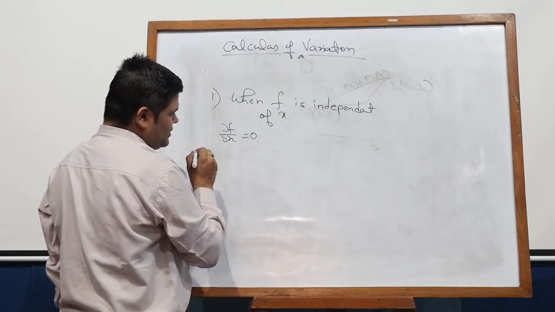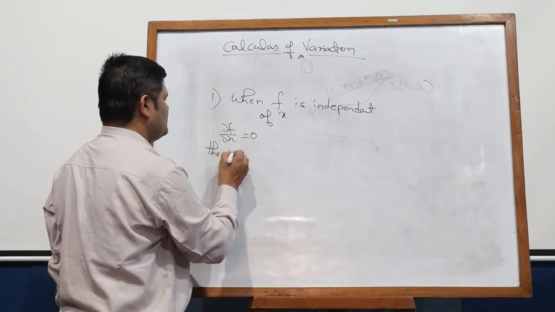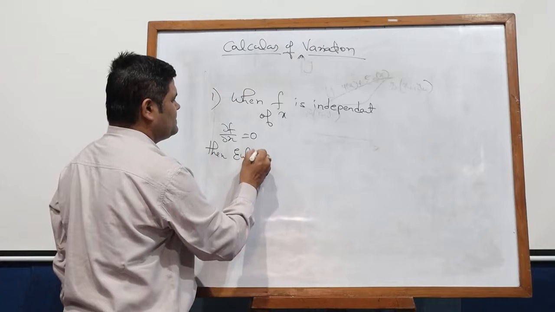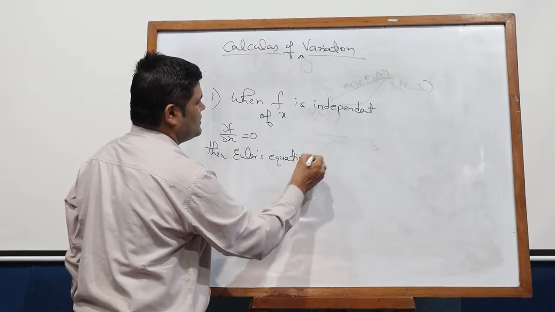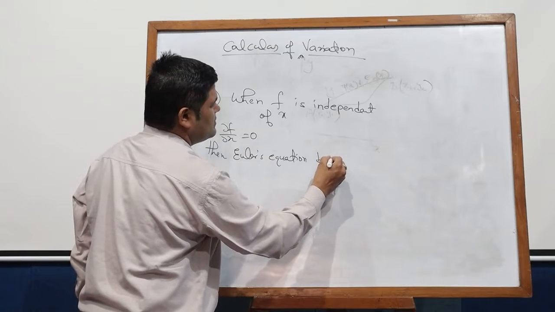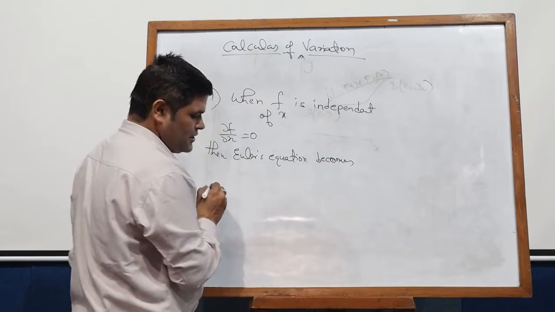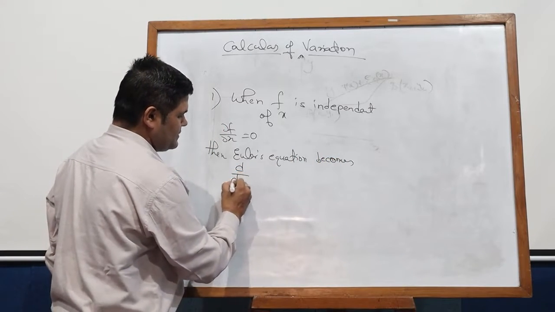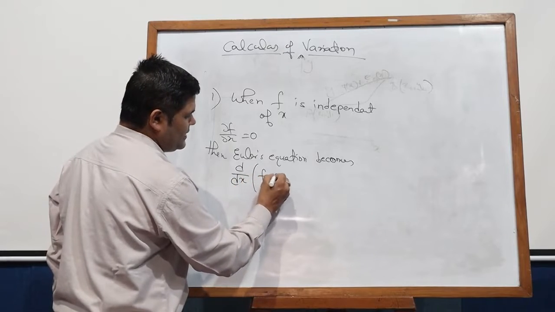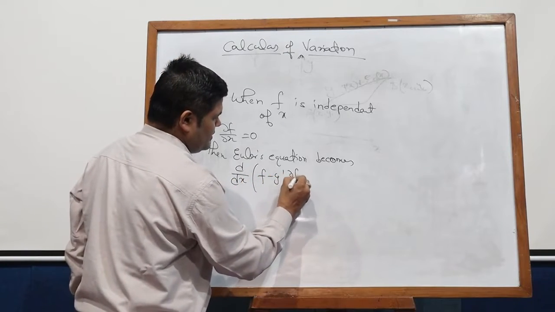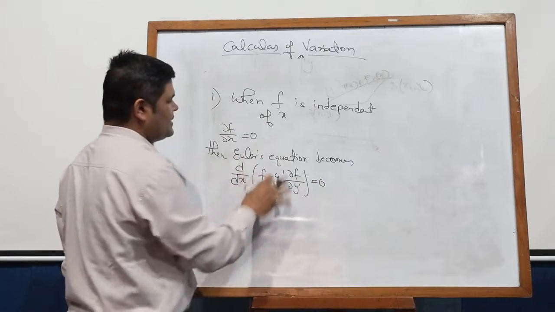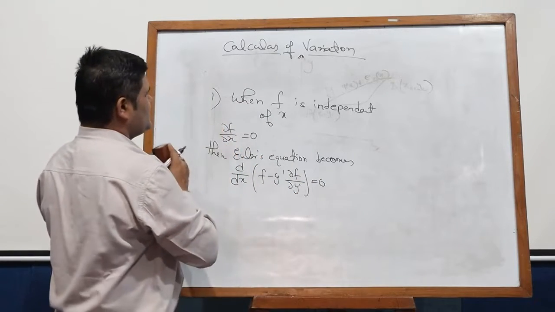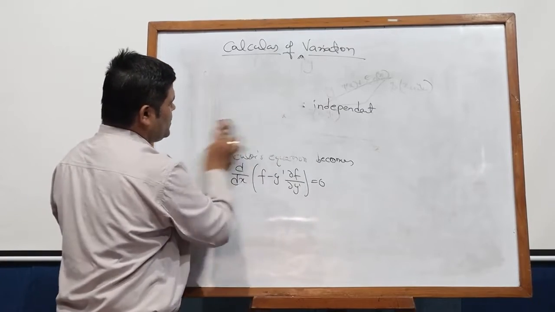If del f upon del x equals 0, then Euler's equation becomes d upon dx of f minus y dash del f upon del y dash equals 0. This is the condition, and on this condition we are going to start a question.